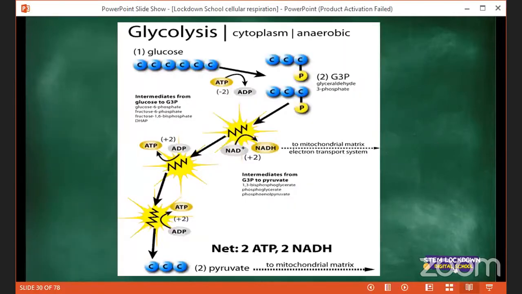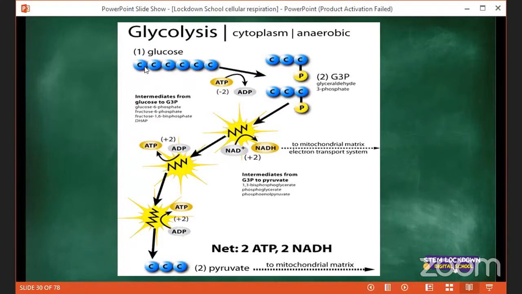Okay, so this is basically a diagrammatic explanation of glycolysis. Glycolysis happens in the cytoplasm. And at this stage, oxygen is not yet required because it's not taking place in the mitochondria. Okay, just note that.